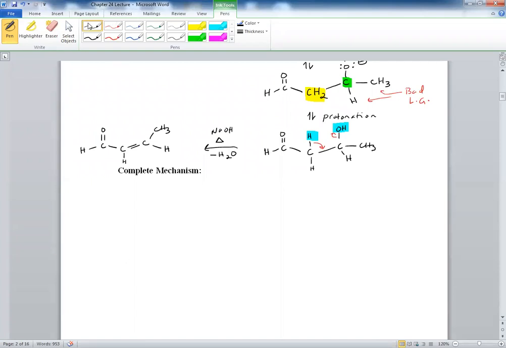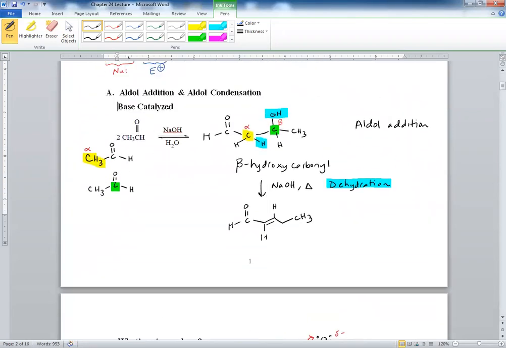So let's look at the mechanism. First, we're going to take one of the aldehyde molecules, and remember, we're going to form an enolate. So if we go back to the scheme, we started with sodium hydroxide. It's a base.